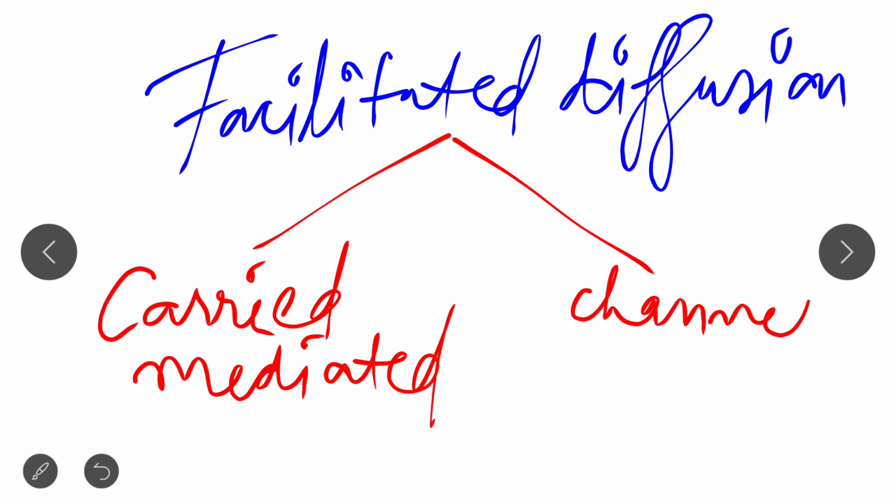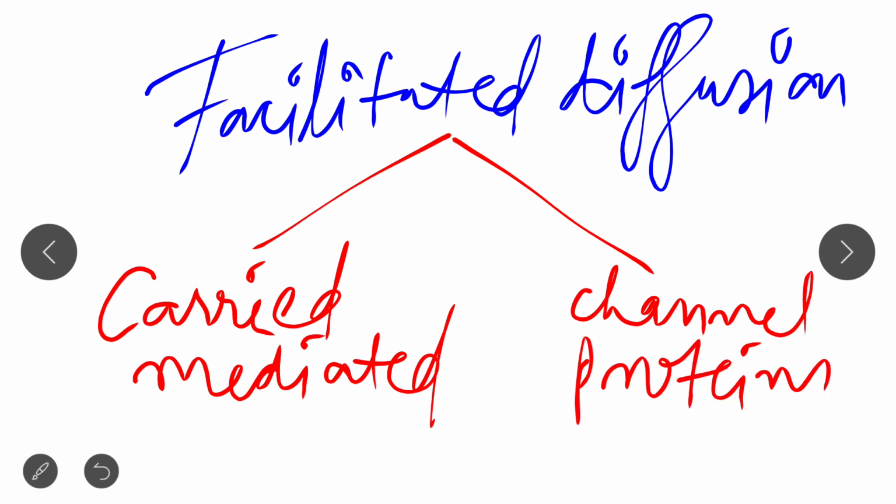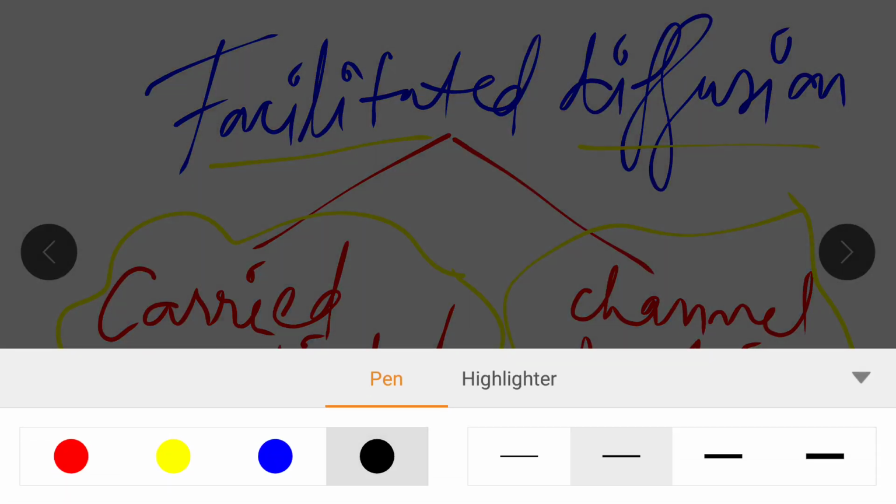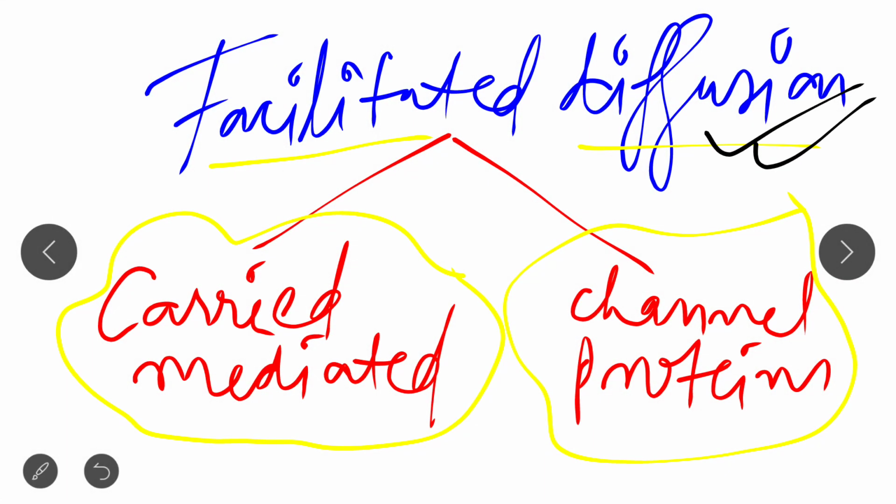So facilitated diffusion is of two types: one is mediated by carrier proteins and one is mediated by channel proteins. In one word, facilitated diffusion works with the help of these two transport proteins, the carrier mediated protein and the channel mediated protein.